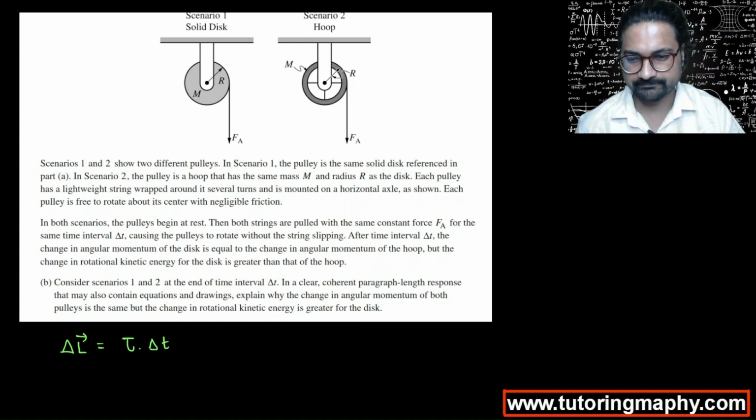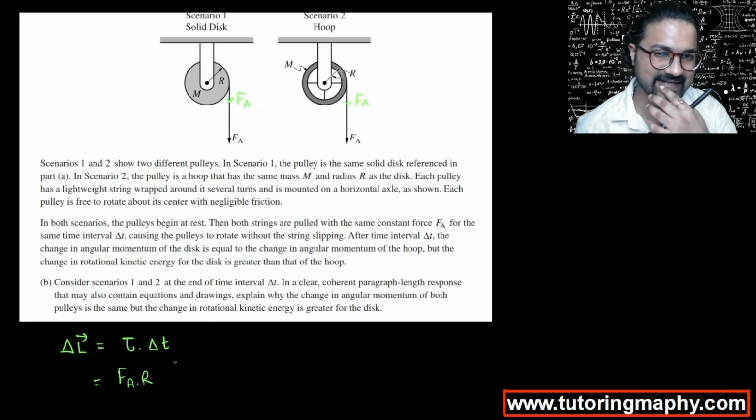Delta t for both is the same. And what is tau, the torque? Torque is just Fa, which is the same in both cases, multiplied by the distance, and the radius in both cases is the same, right? So the torque is going to be Fa times r. Why times r? Because the angle is 90, so sine 90 is 1, and we don't bother about the sine of the angle.